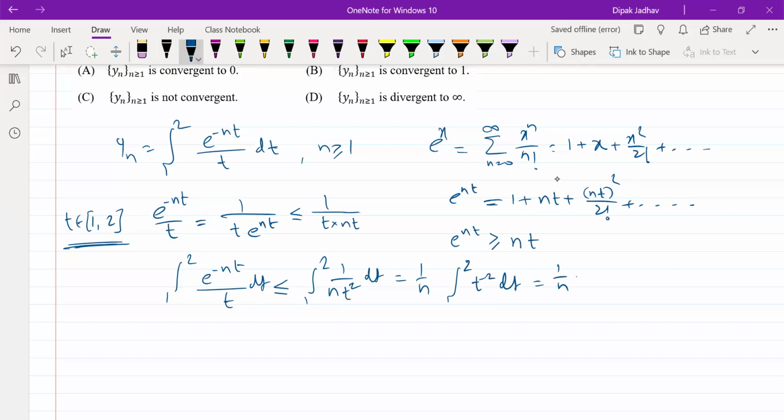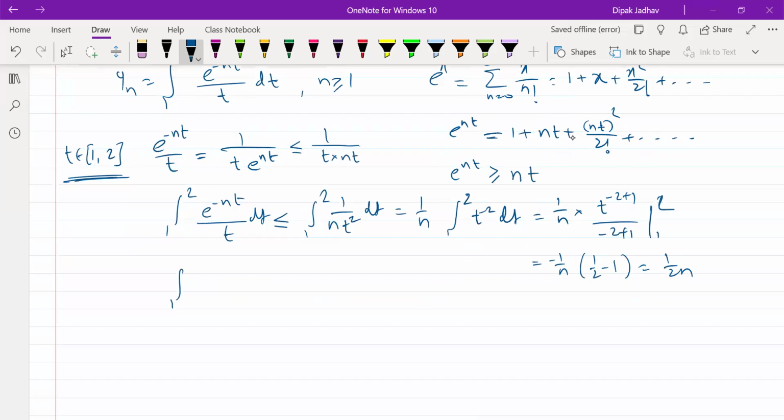So that is 1 upon n into t raised to minus 2 plus 1 upon minus 2 plus 1, from 1 to 2. That will come out to be minus 1 by n times 1 by 2 minus 1, that is 1 by 2n. Okay, good.